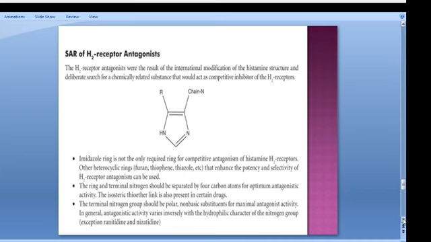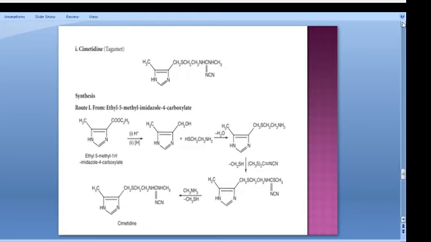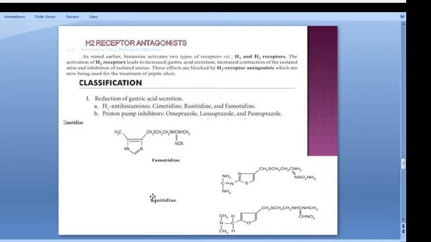These are all the drugs we are using: cimetidine, ranitidine. Ranitidine's basic trade name is Zinetac. Recently it was banned by the government because ranitidine has some cardiac problem issues; that issue is still going on, and we don't know what is happening.